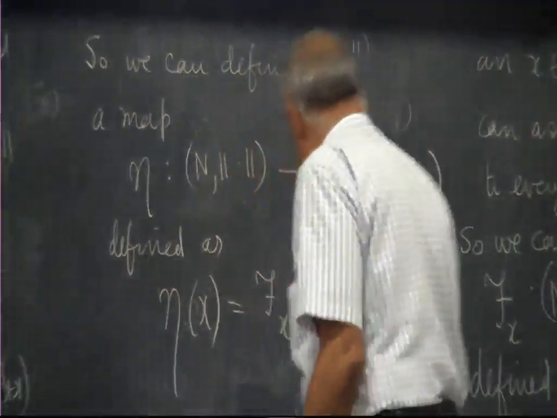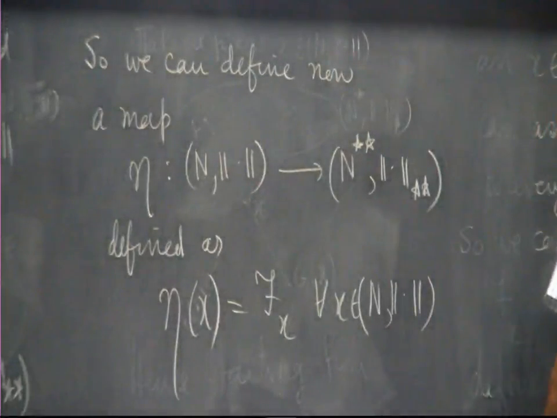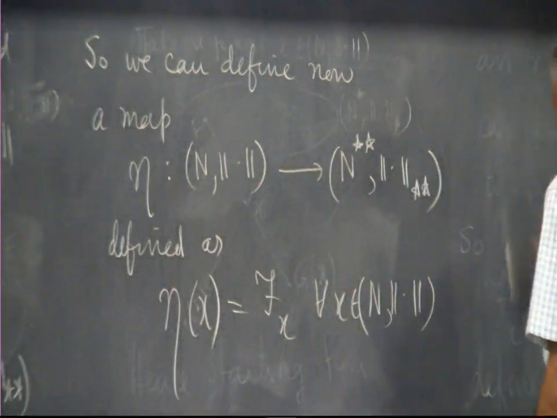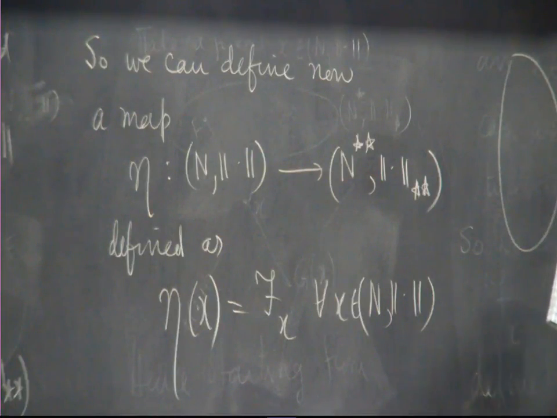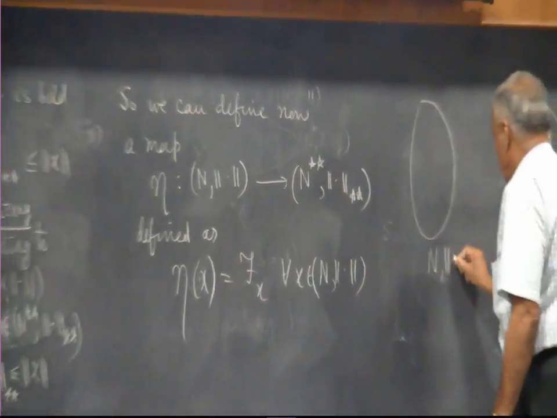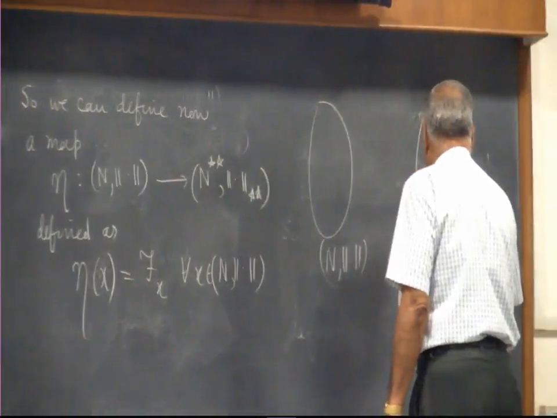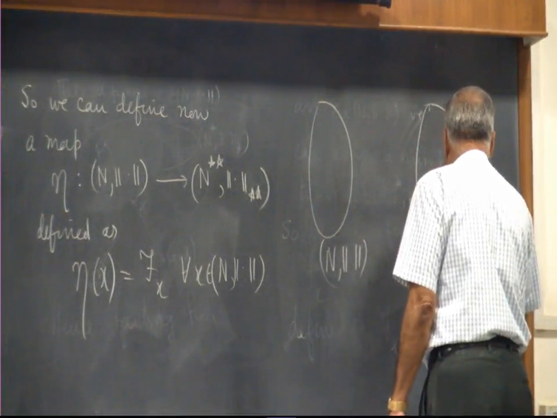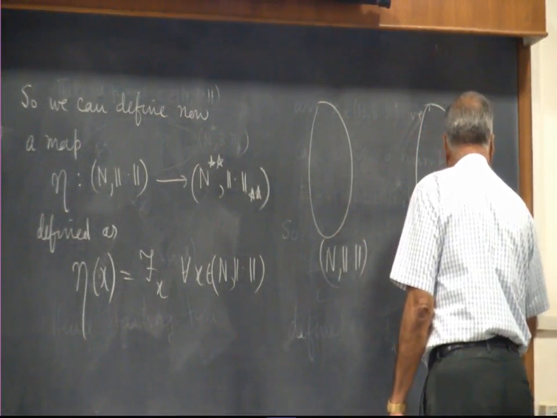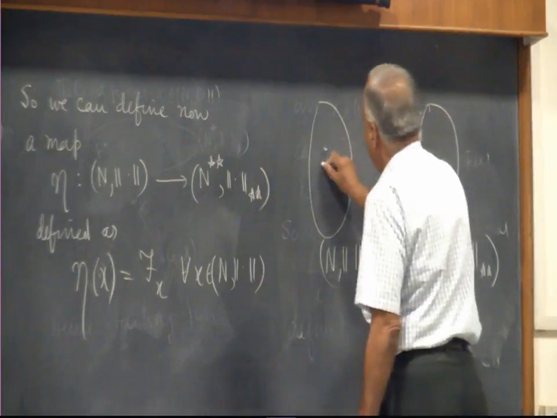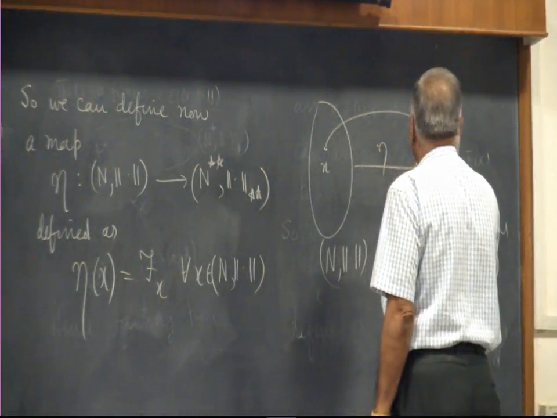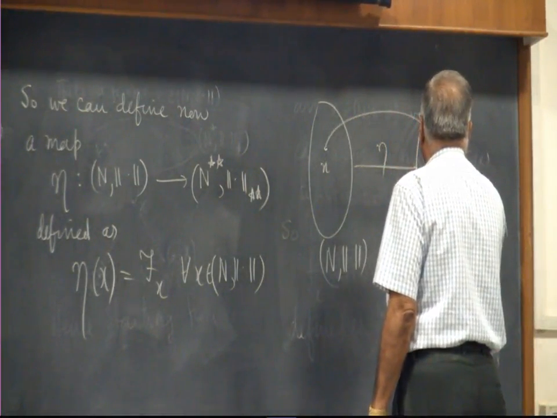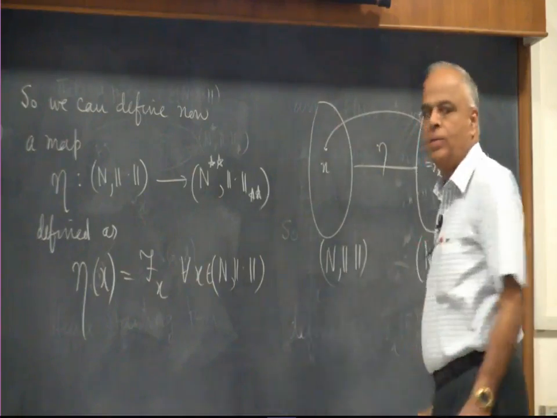So now we have n, this is n double star, and we have x, and that's eta which takes x to eta x, which is F_x.